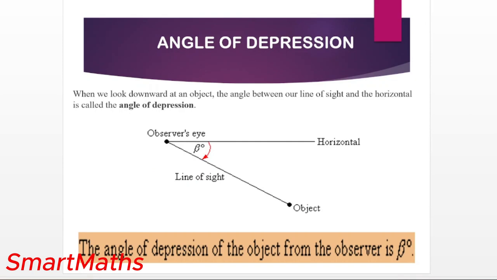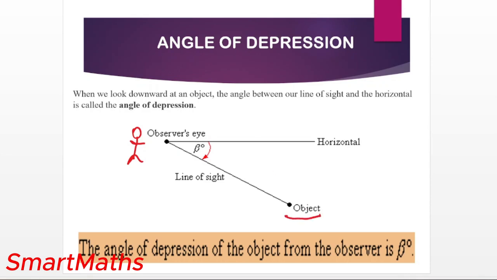But angle of depression is the opposite of angle of elevation. So when you are at the top of a building, so we have someone here, this is a man at the top of a building, and you want to look at somebody or an object at the ground floor. You are on the fourth floor, you want to look at somebody at the ground floor.